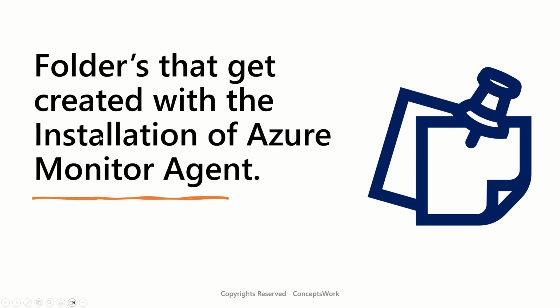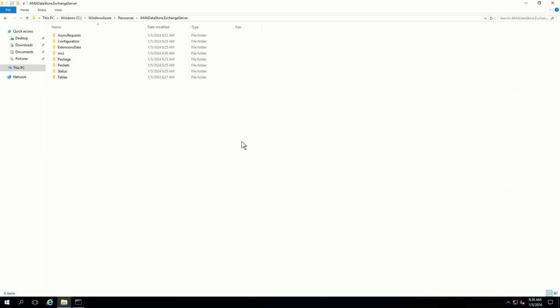Now let's talk about one more component, which is related to how AMA installation works on the machine: the folders that get created while the installation of Azure Monitor Agent is happening. Out of the many different things which I will be covering when we talk about troubleshooting, there is one component that I would like to show you, and that is the location where exactly the DCR is saved on the machine.